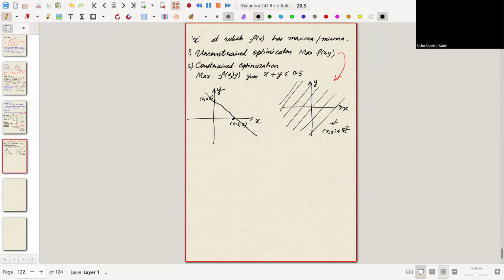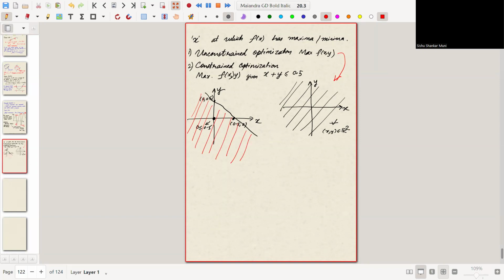How can I say whether the region is this side or that side? Simplest way, take the origin as your test point. 0 plus 0 is 0, which is less than 0.5. So therefore it is this whole side.